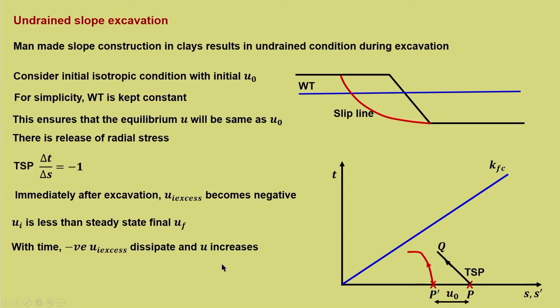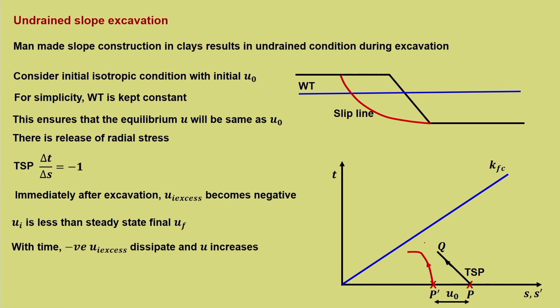So, UF, which is the equilibrium pore water pressure in the final stage, will be more or less equal to U naught. So, that is why it is told at the beginning the pore water pressure UI will be less than the earlier pore water pressure, that is U naught. Why? Because there is a negative pore water pressure and it gets reduced, the positive pore water pressure gets reduced. So, this is what it means.